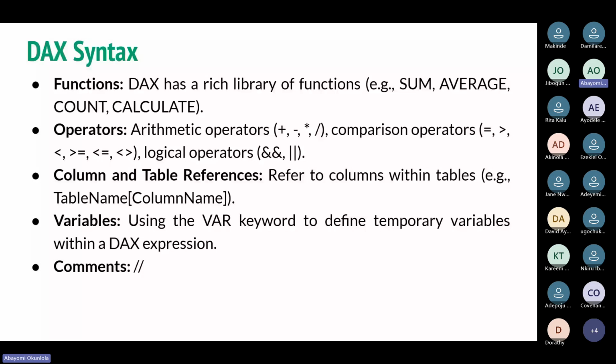So say, for instance, VAR, which is variable, that's the keyword you use, equals to maybe total employee multiplied by 2. That way you've already represented it as a variable. So continuously, instead of calling total employee multiplied by 2, you just call the variable and then you proceed.